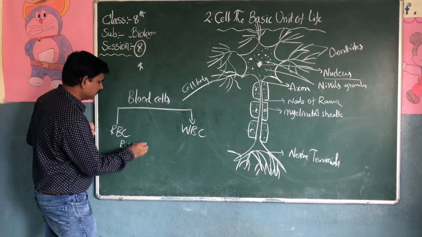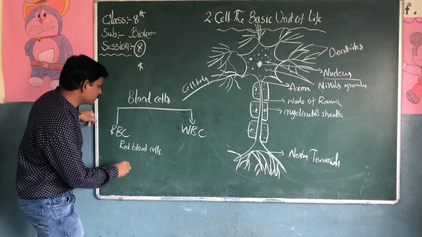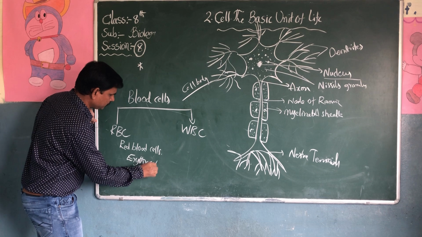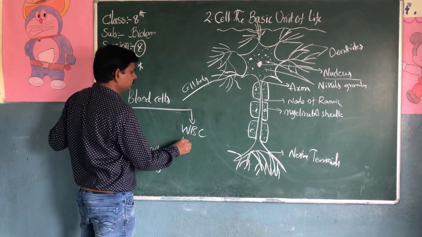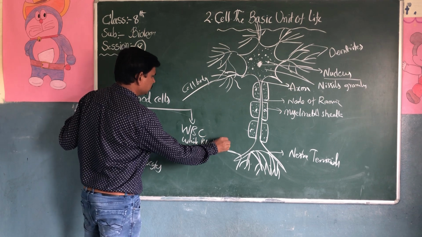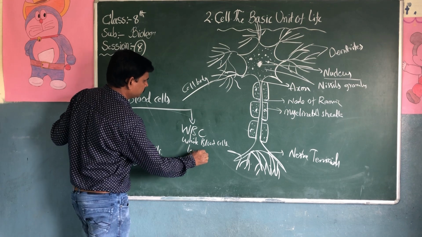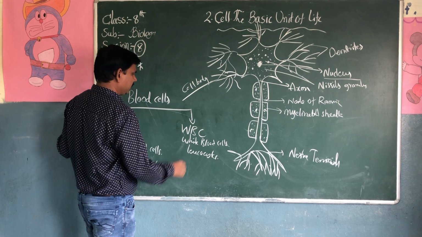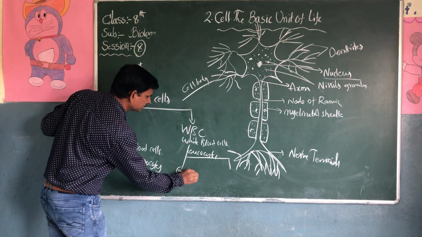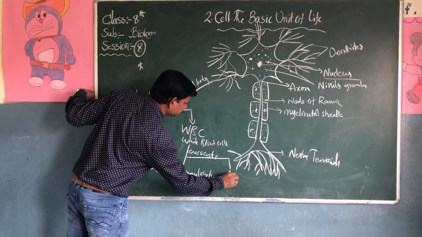WBC is white blood cells, also called leukocytes. White blood cells are divided into two parts. One is granulocytes. The second one is agranulocytes.